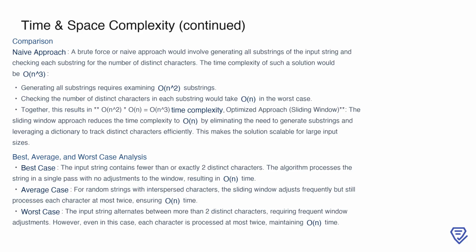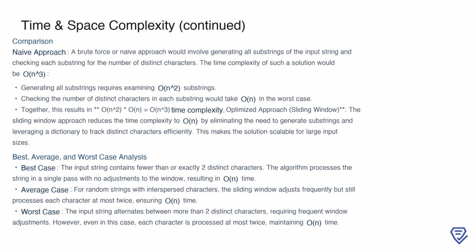This results in an overall time complexity of O(n³). In contrast, the sliding window approach eliminates the need to generate substrings. By using a dictionary to track distinct characters dynamically, it reduces the time complexity to O(n). This optimization makes the solution scalable for much larger inputs.